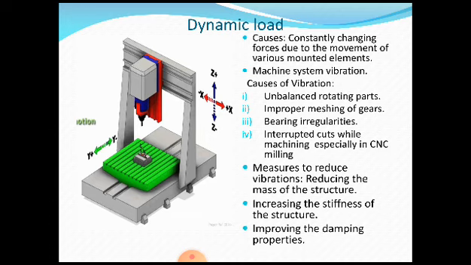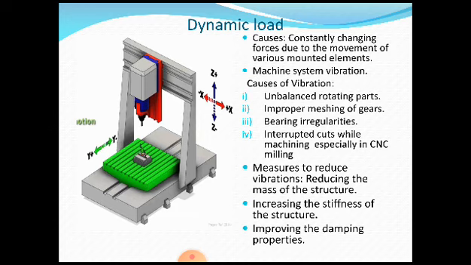Coming back to the next one, that is the second one, the dynamic load. We need to understand what the static load is, what the dynamic load is, and what the thermal load is. Why is the dynamic load caused? It is caused because of the constantly changing forces due to the movement of the various mounted elements. CNC machines are designed in such a way that various movements take place continuously, and these movements change every moment.